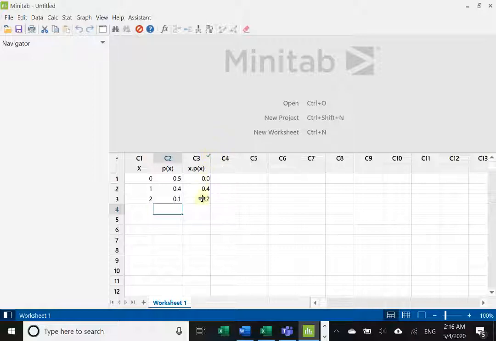Now, one thing I do, let's say I go in this field and I want to delete it. I'm hitting the delete button on my keyboard, and you can see the flash in C3.